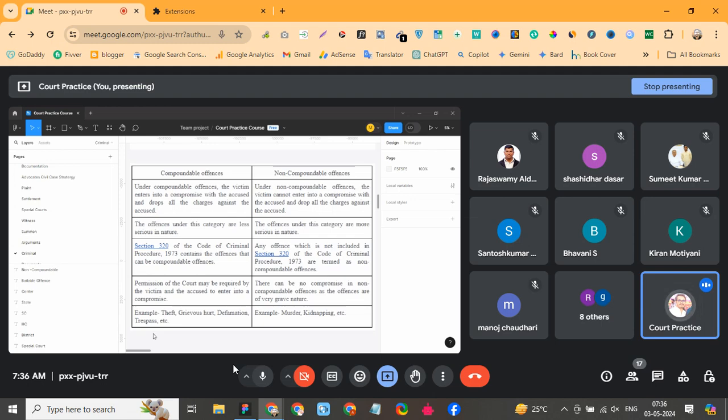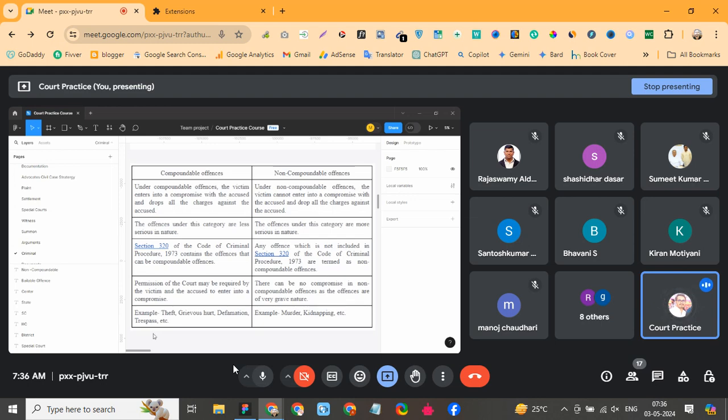And just opposite to that, whatever offenses are not listed in section 320 and apart from section 320 are non-compoundable in nature, meaning no such compromise is possible in that particular suit.